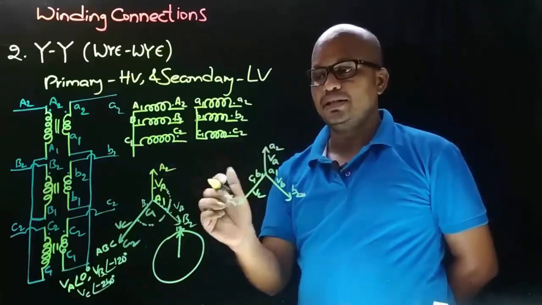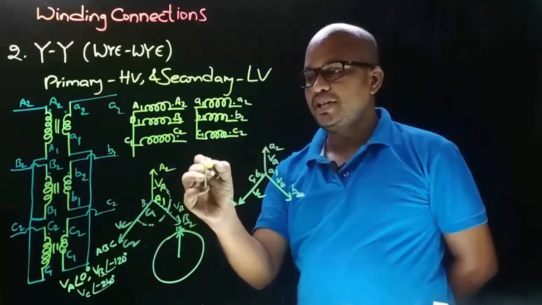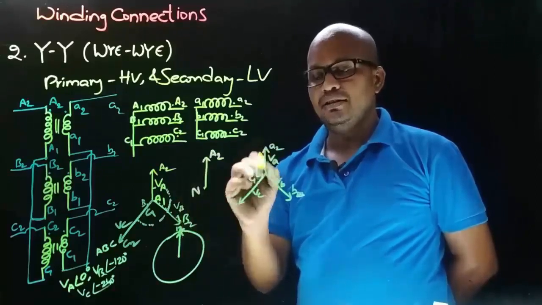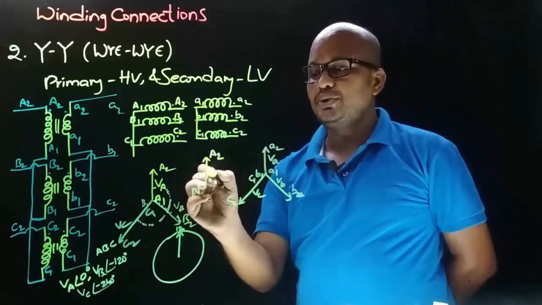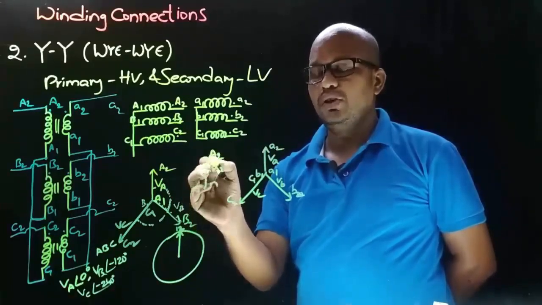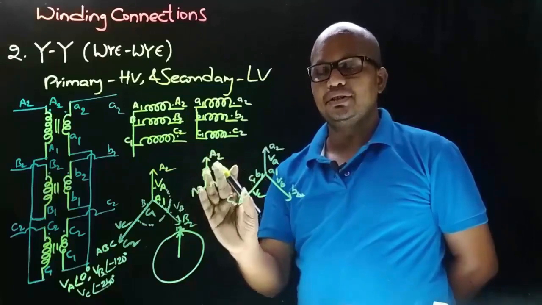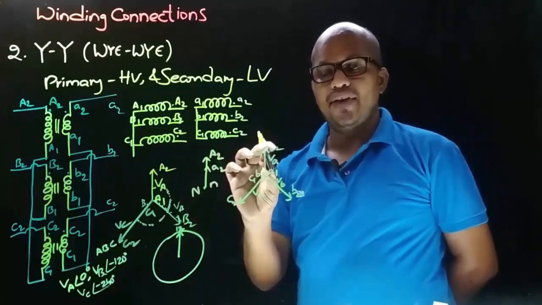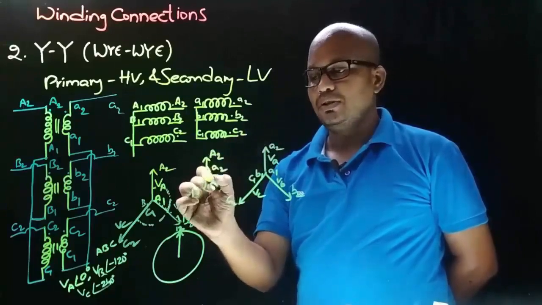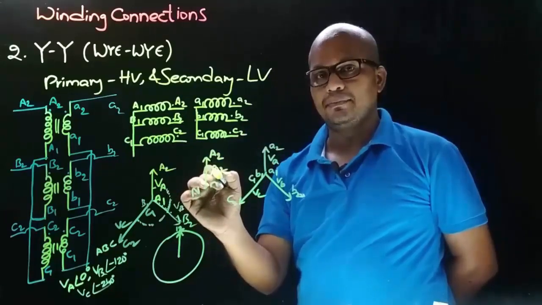So if you observe that both the primary side phase to neutral voltage and the secondary side phase to neutral voltage will look like superimposed on each other, and as the secondary side phasor is represented with hours needle, so this is how it is drawn.